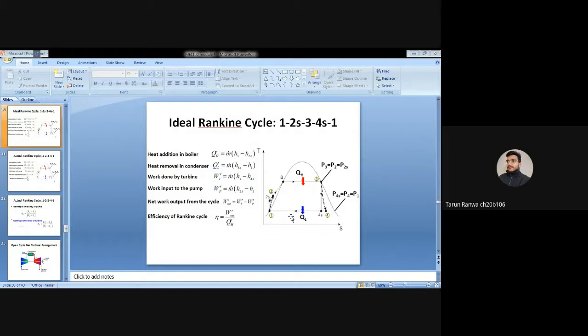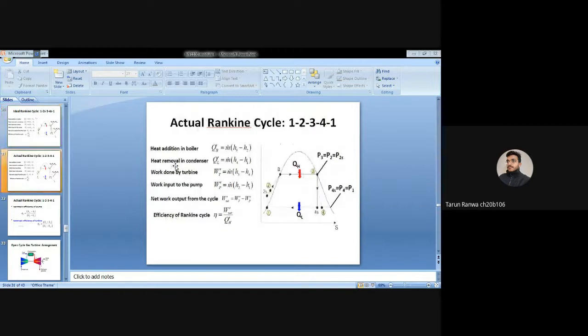Work done by the turbine equals m dot into H3 minus H4s. We can also compute the work input to the pump, and the net work output from the cycle equals work output minus work input. So net work output equals WT minus WP. Now the efficiency of the Rankine cycle: it equals W net output divided by the added heat QH.